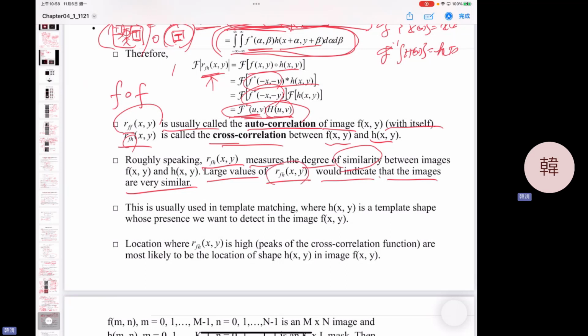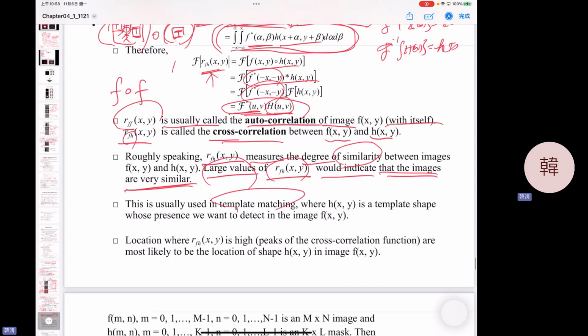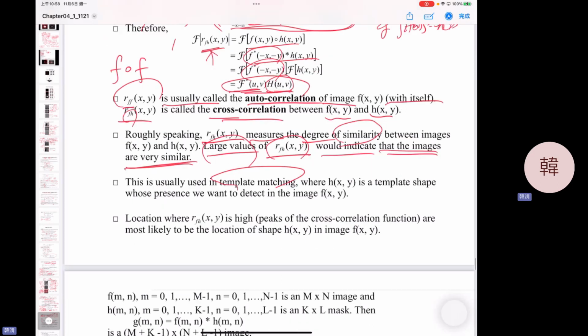You can do this and compare their results. A larger value represents more similar. Or you can have a sub-image correlated with a whole image and see where the largest value of the correlation result is, and that's the location where you match the sub-image in your original image.